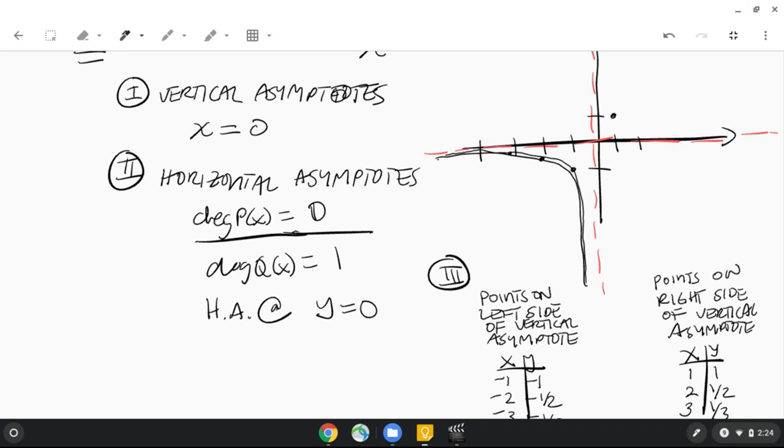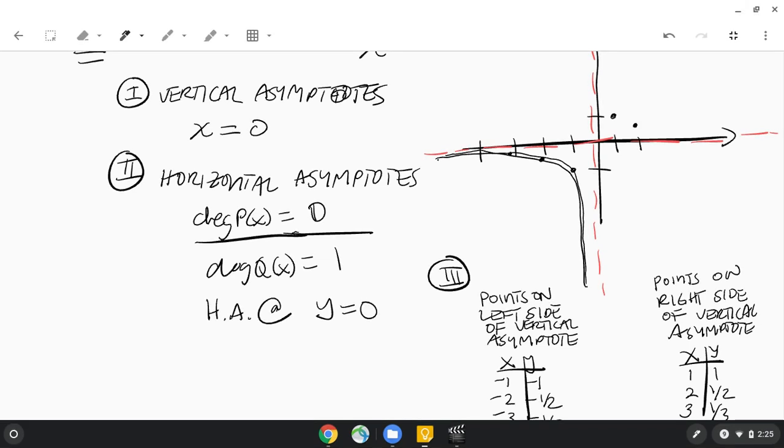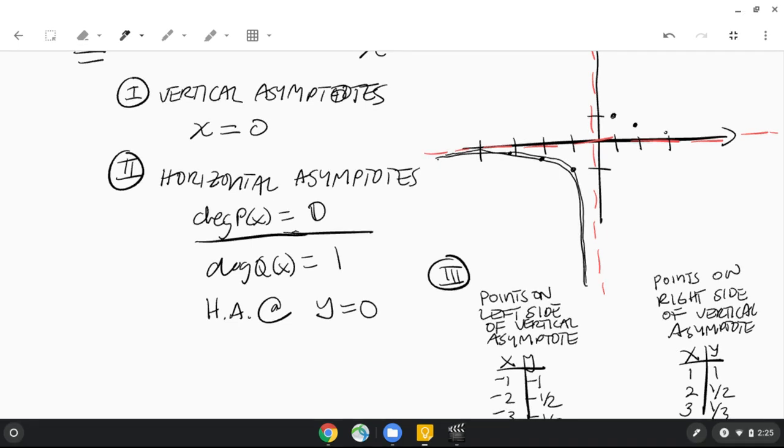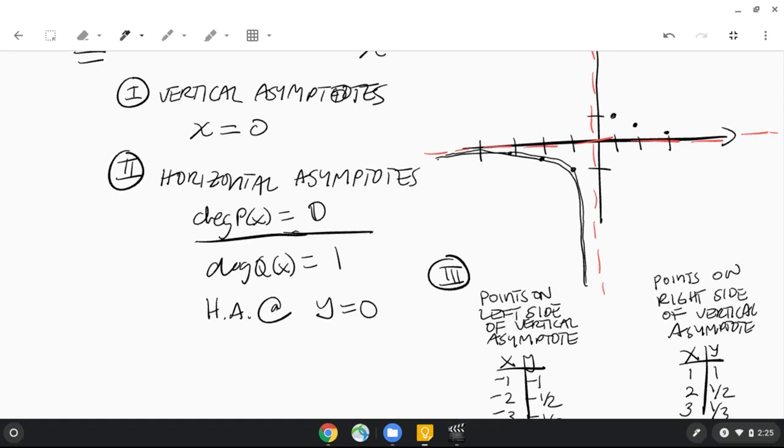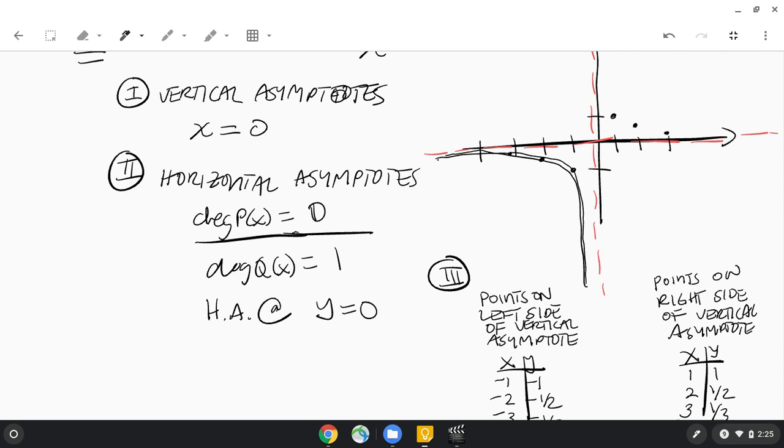And at positive 3, I get 1/3. So again, we can see that the graph is going to get closer and closer towards this horizontal asymptote. So that's what you end up doing.